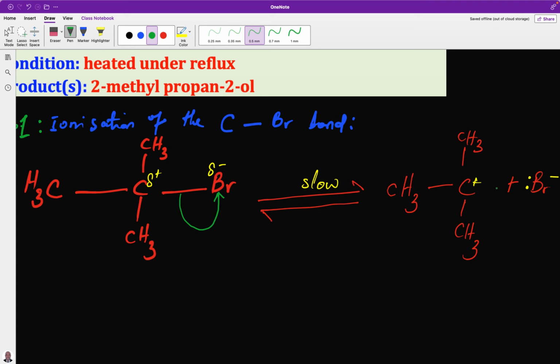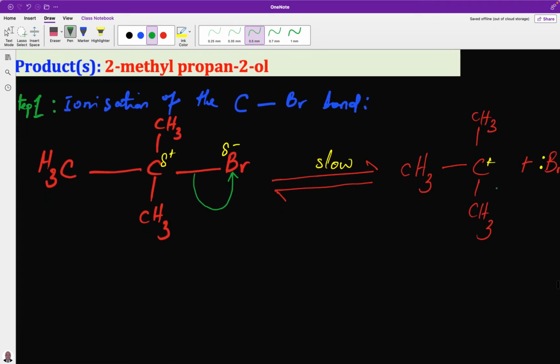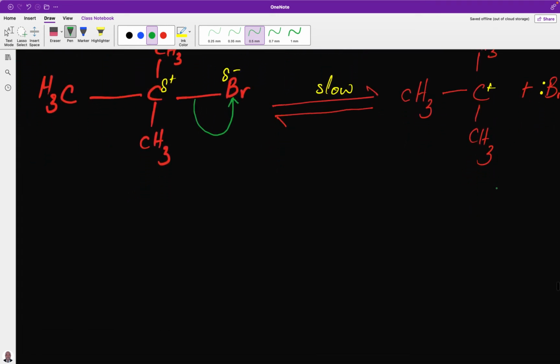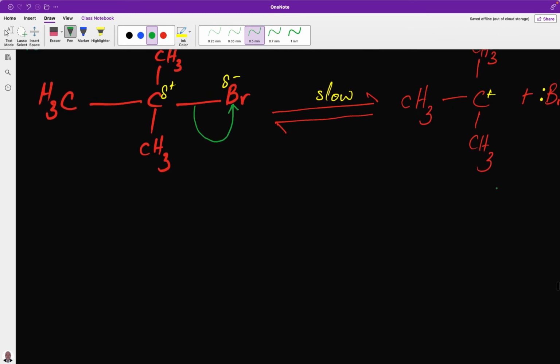Step number two. Step number 2, we call it nucleophilic attack.